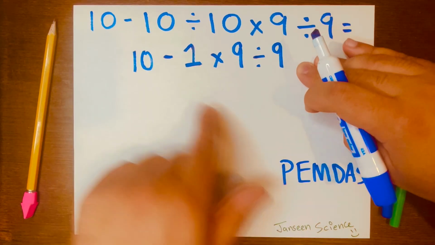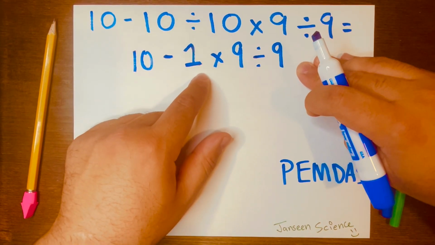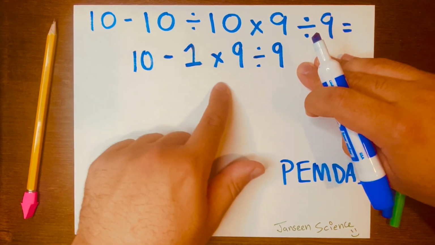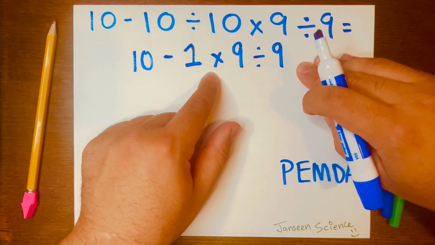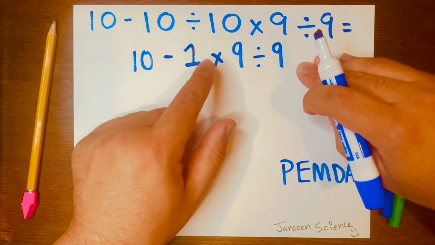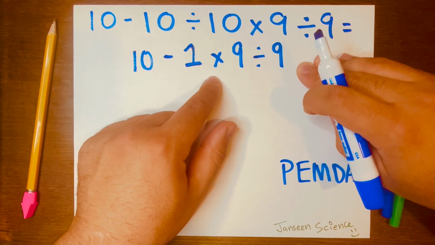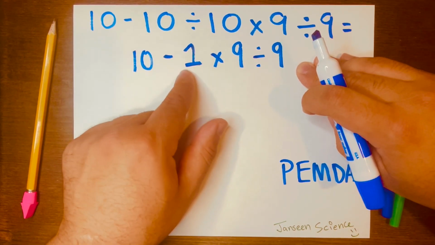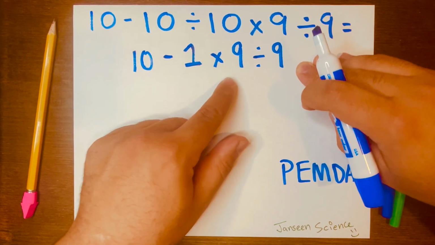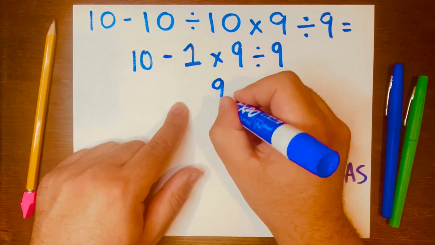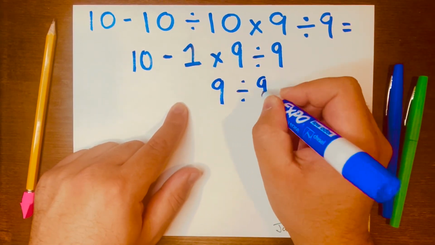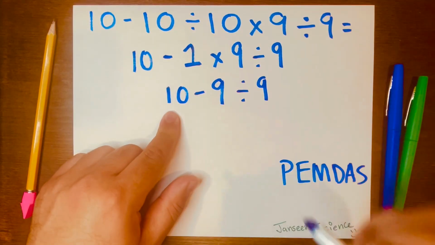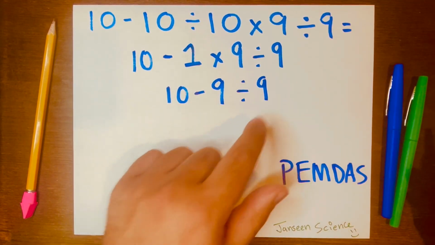MD is top priority, so we'll go with multiplication because it's the first one in that line. So 1 times 9 is 9. And then we bring everything down. And now we have 10 minus 9 divided by 9.